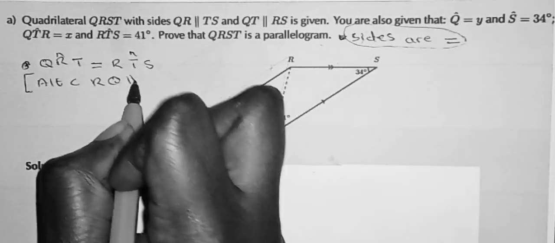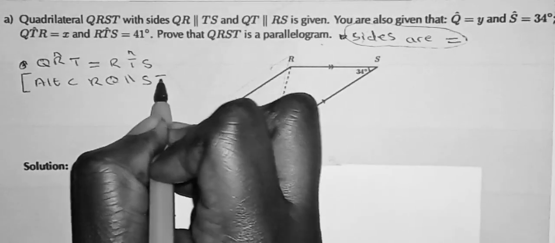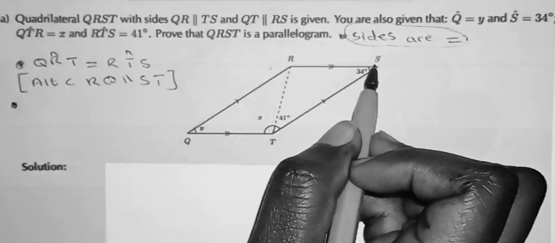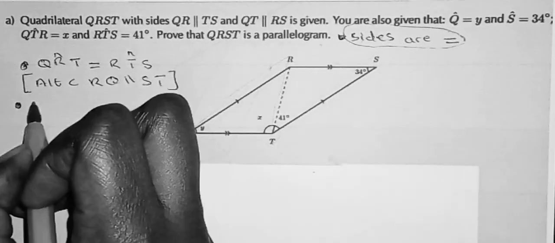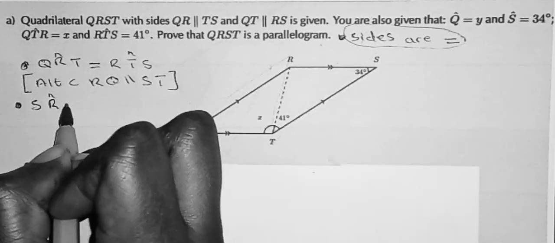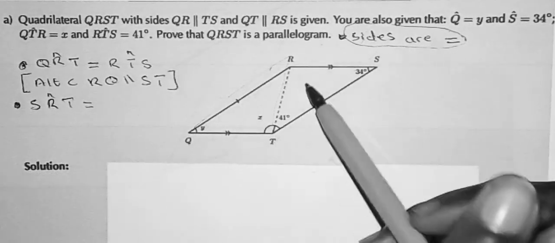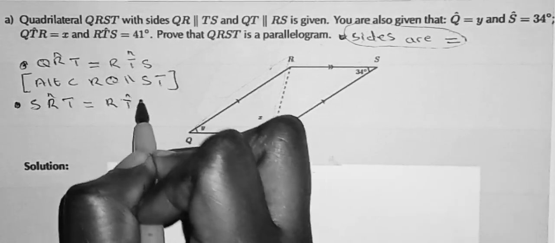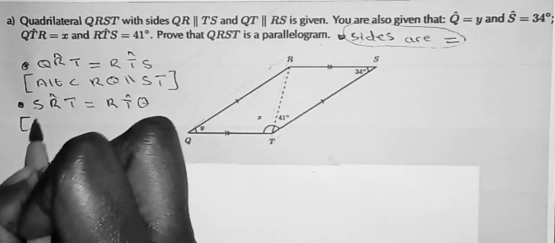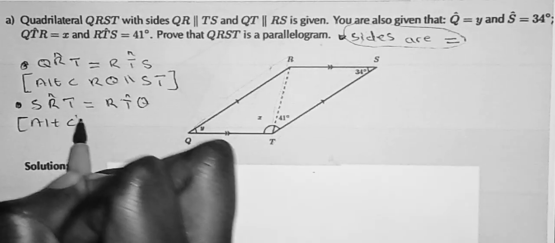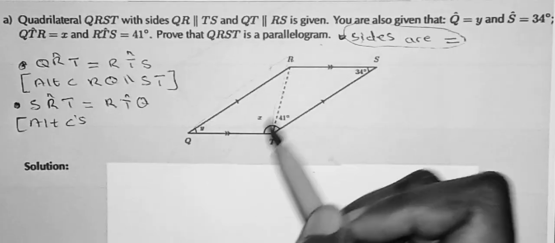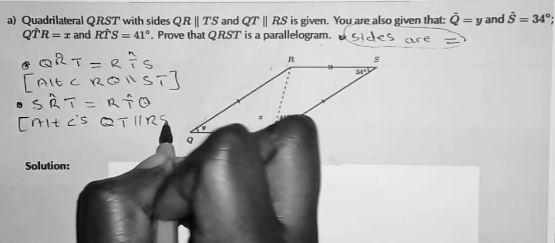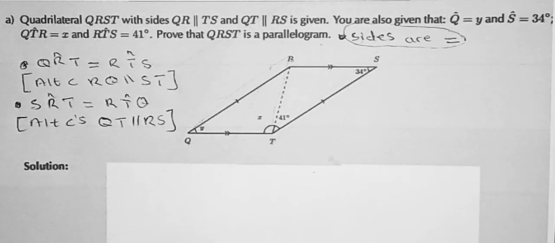RQ is parallel to ST, and also angle SRT is equal to angle RTQ. The reason will be alternate angles, QT is parallel to RS, and then you're done.